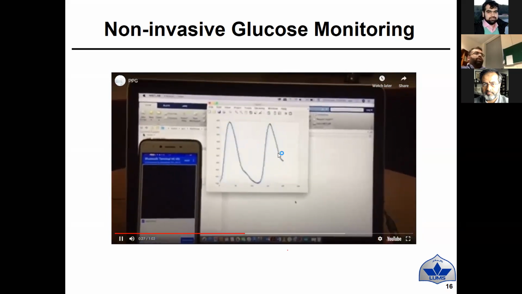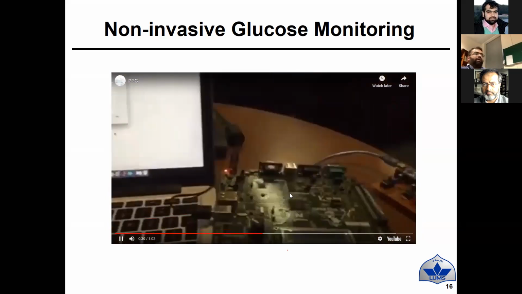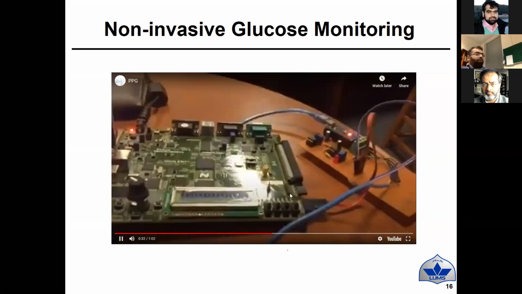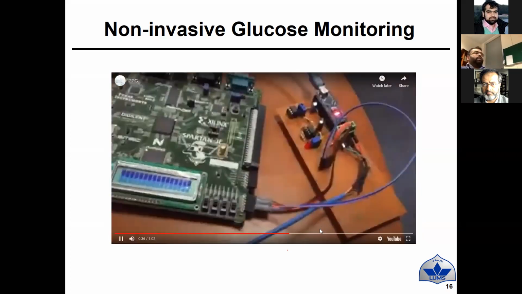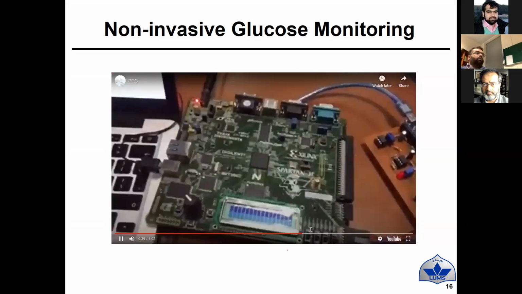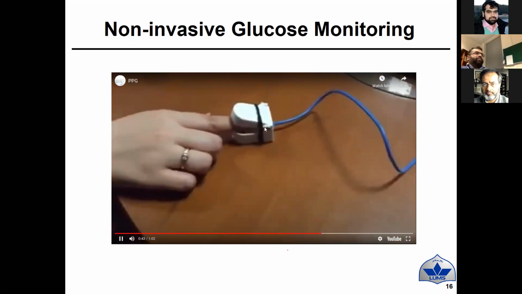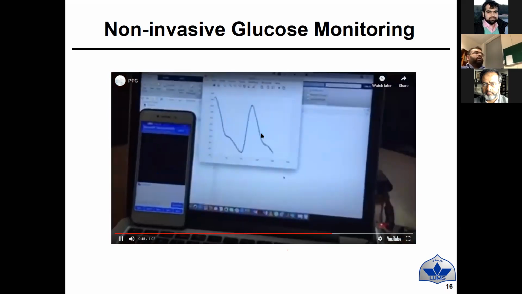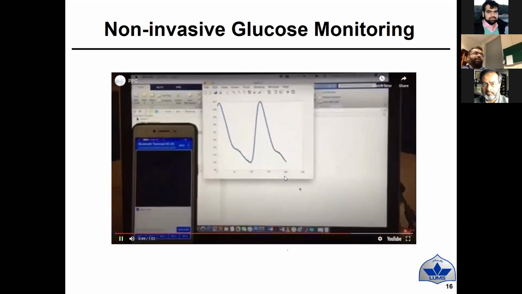Their analysis will tell how much is the glucose level of the person, and they also verified this with the finger prick method, that the glucose level was in the same range as the person's. But this video basically shows the setup of their system, how they are taking the PPG signal in run time.